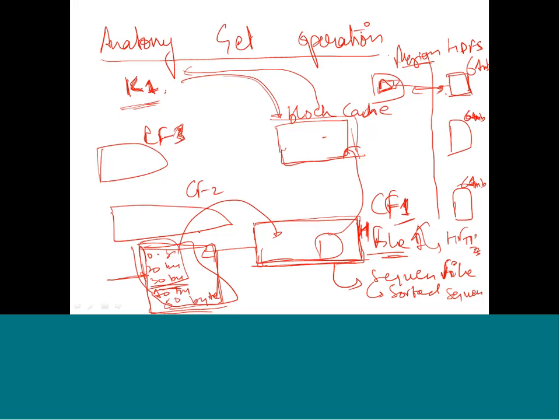And that's how random IO is conducted. So if you notice, all of these things happen at a pretty fast pace because of the introduction of the sorted sequence file being kept, right?